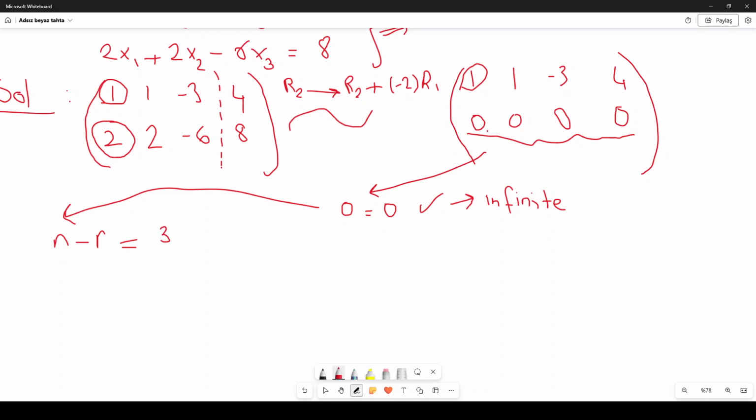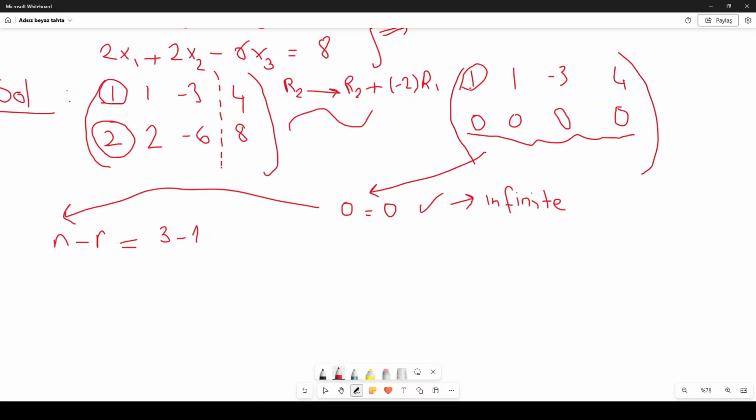And we have one non-zero row. So our rank is equal to 1. The number of non-zero rows in the echelon form or the reduced echelon form is equal to the rank, or the number of basic columns, or the number of pivotal positions. It's the same. We have only one pivot position here.